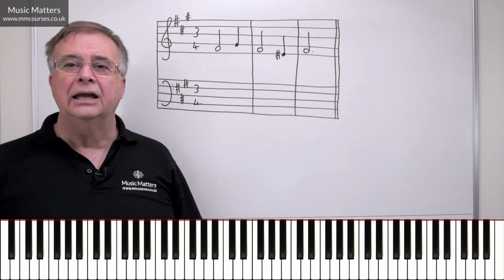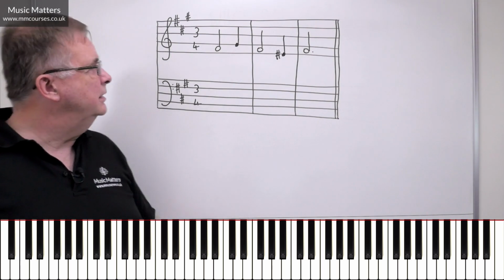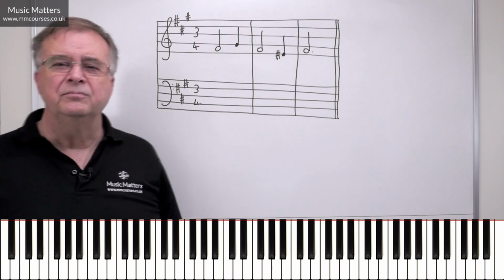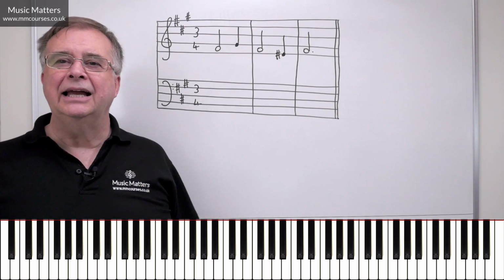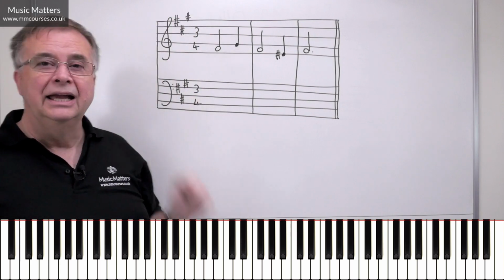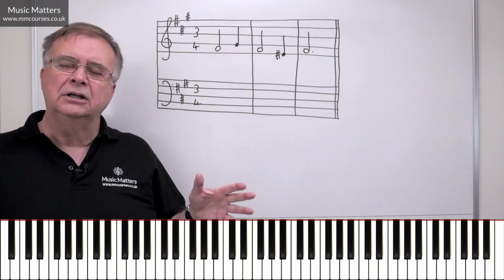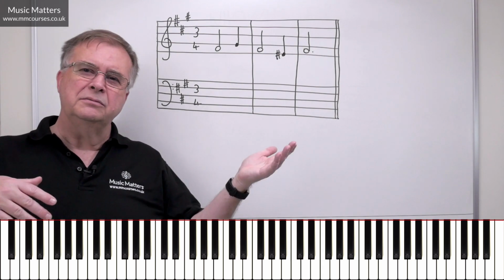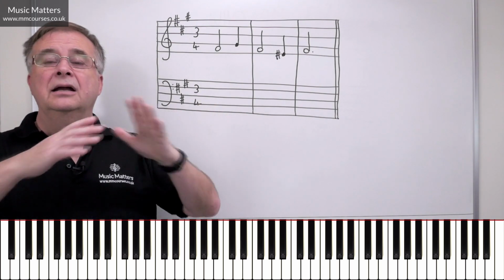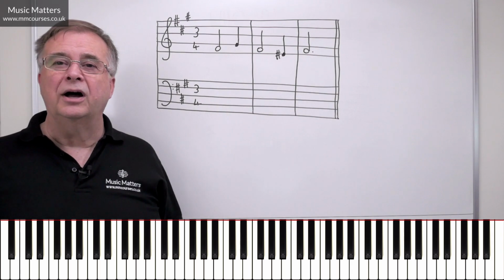Well, the big clue here as to why we're in F sharp minor is E sharp. If you were in A major, you wouldn't expect to see any accidentals other than those in the key signature. So that's always a bit of a clue. If you're looking at a key signature saying, how do I know if this is in the major key or the relative minor key? Just think, how many accidentals can I see in what I've been given?